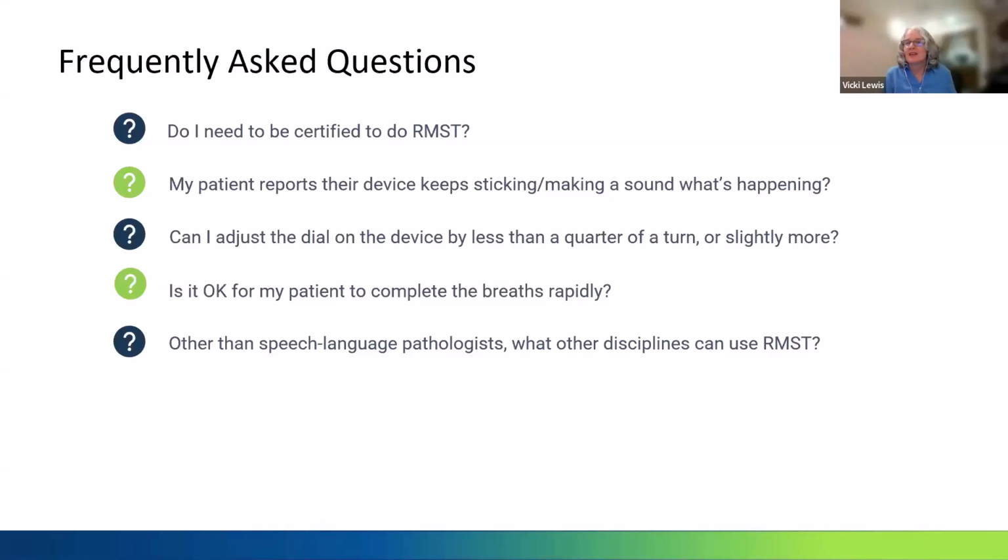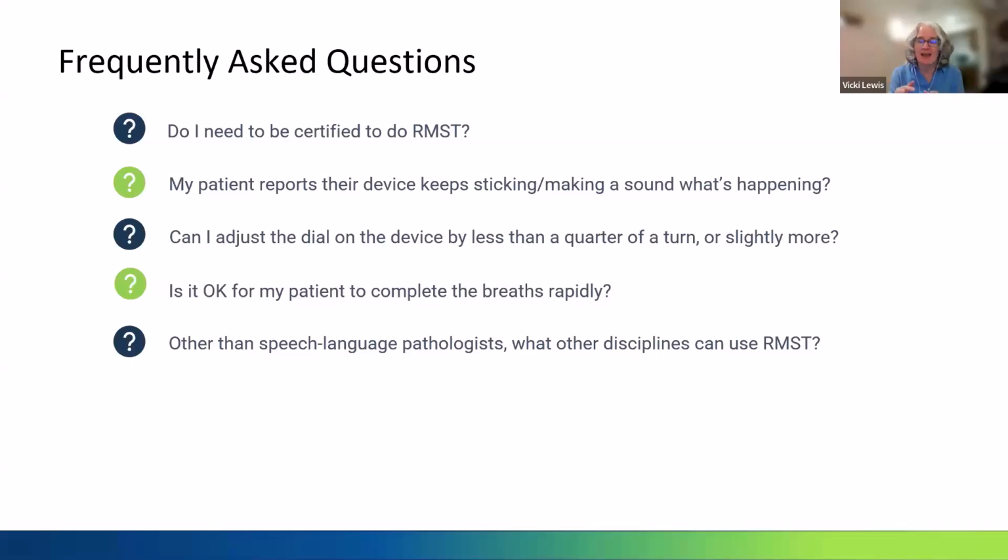My patient reports their device keeps sticking or it's making a sound. What's happening? If they are using an EMST device and it starts to squeak, it makes this squeaking noise. Oftentimes when we hear that, like almost a Canada goose sound with a Passy-Muir valve, we know the valve is going kaflooey.